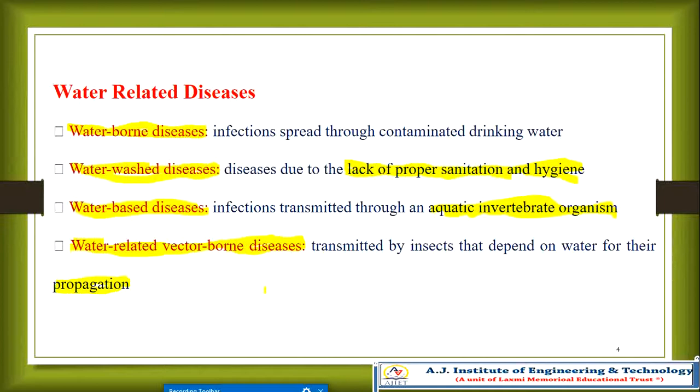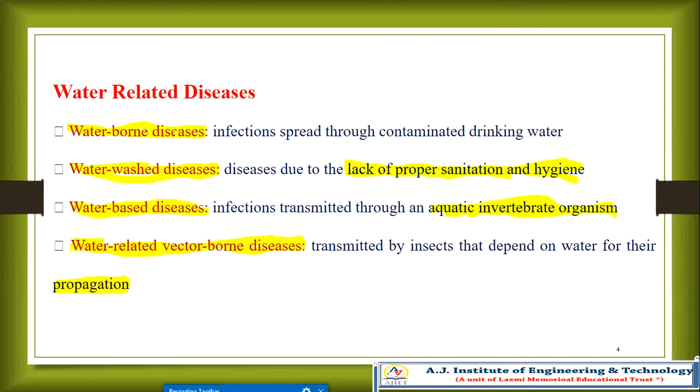Their propagation depends only upon water, so they release the eggs in the water only. Malaria is one of the most important examples because it is related to the water, isn't it? That is called water-related vector-borne diseases. You can take malaria as a very good example.